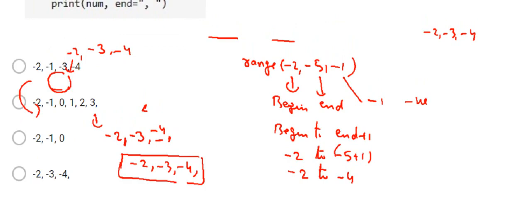So here you have to see the comma also. Why? Because after printing -4, your end parameter is not allowing it to go to the next line. It is keeping it there and putting a comma. So that's why -2 comma -3 comma -4 comma. So at the time of -4 comma, you are coming out of the for loop. Okay.